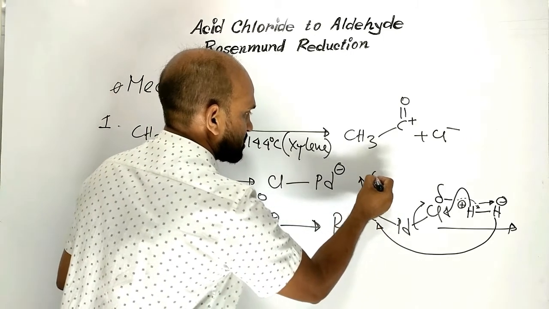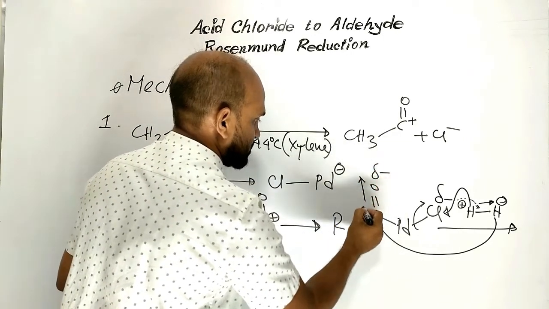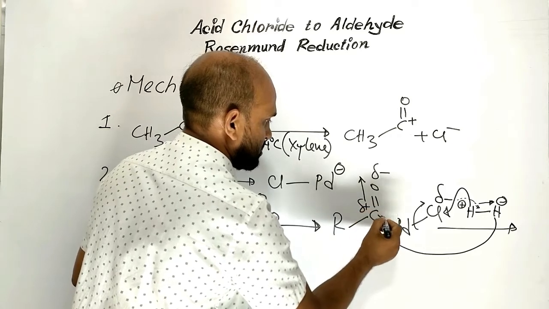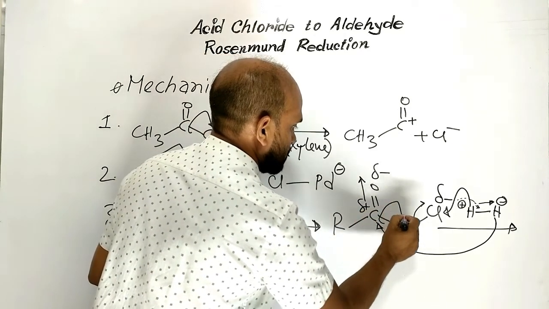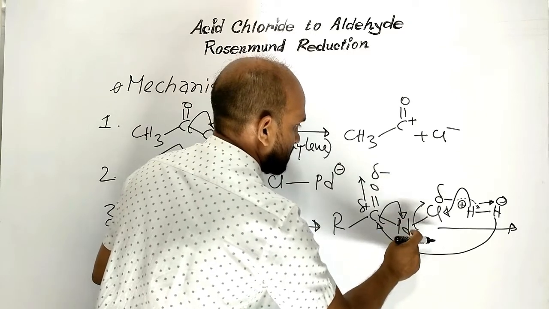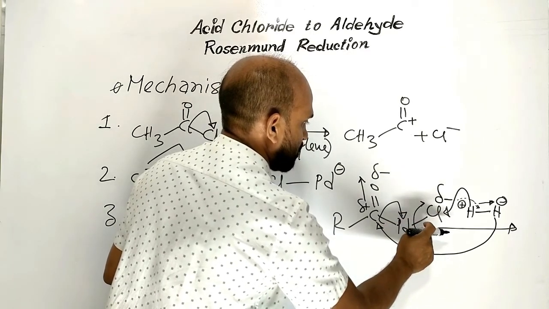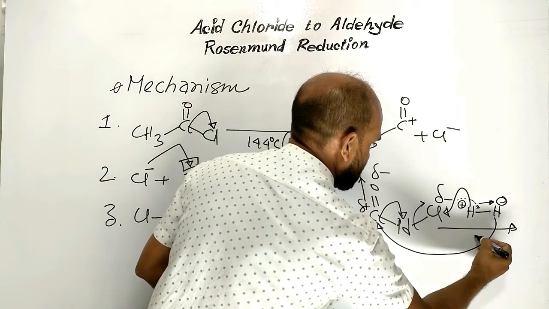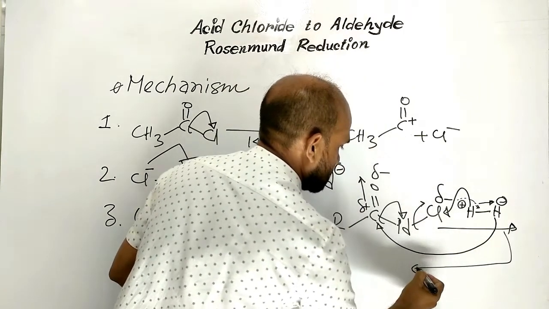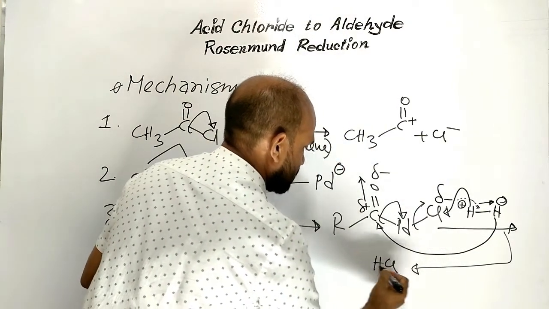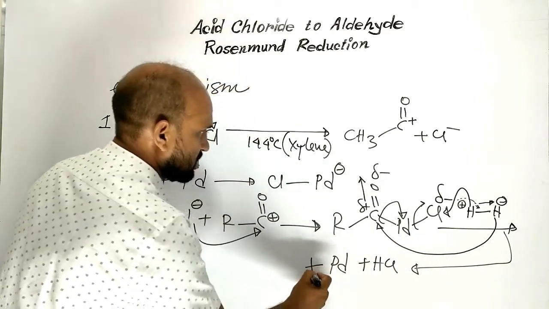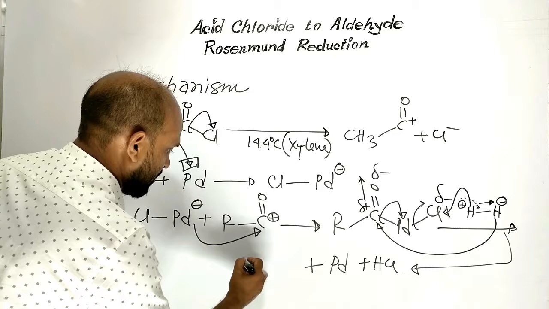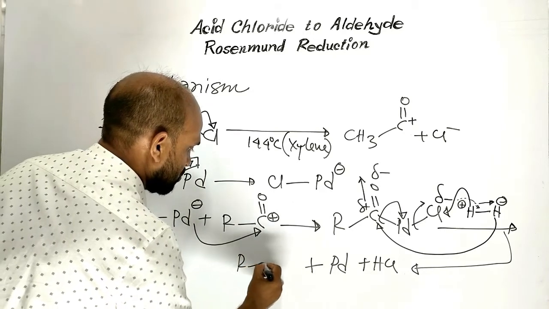Here this carbon is positively charged and this carbon palladium bond breaks. Palladium chlorine bond breaks, from which HCl is formed. That is, HCl is formed. This palladium gets freed.